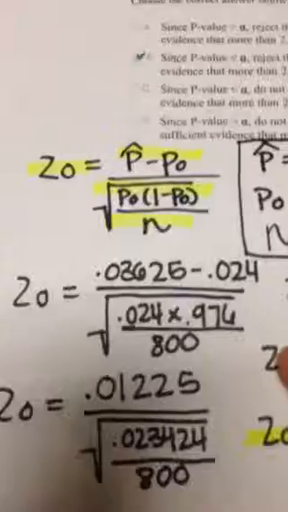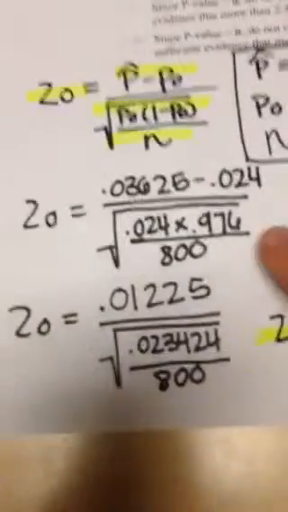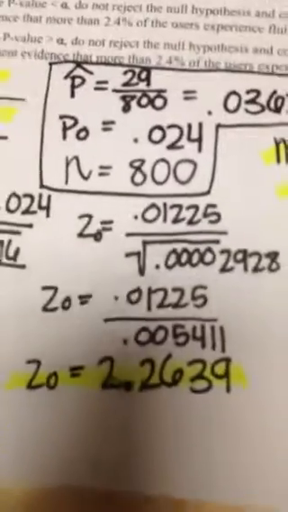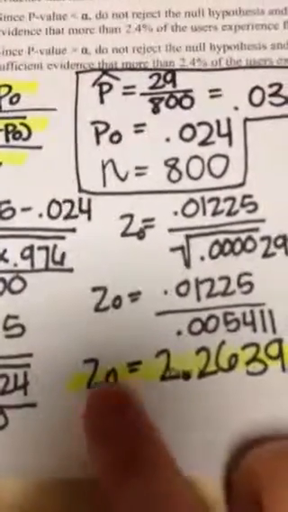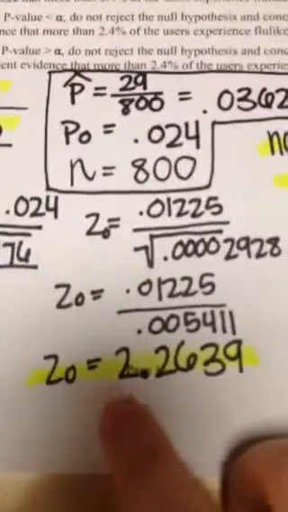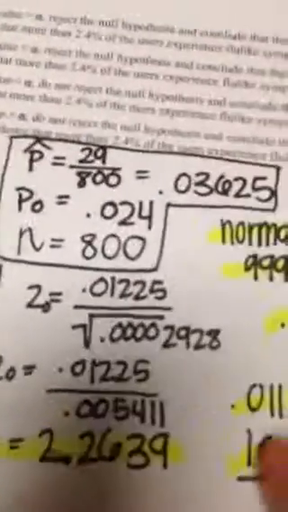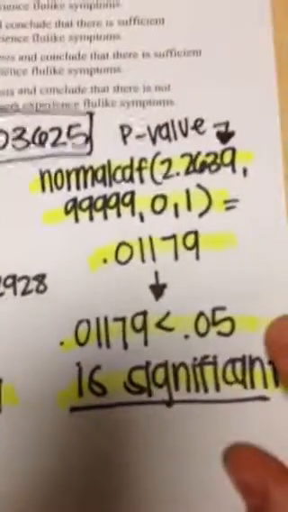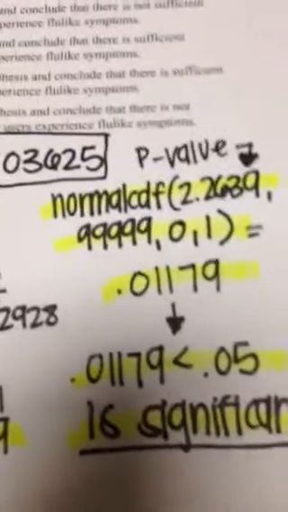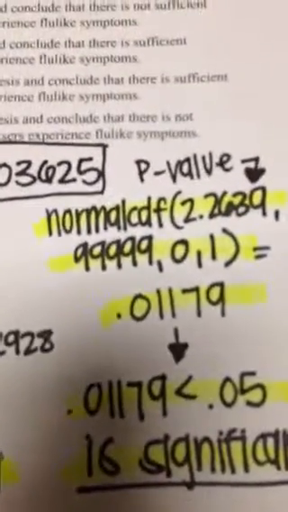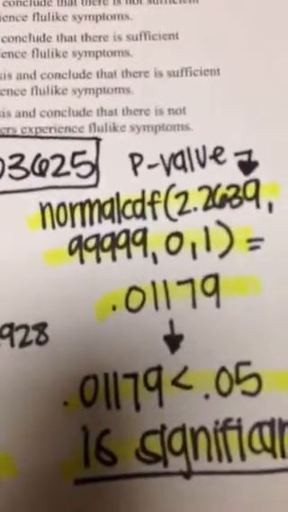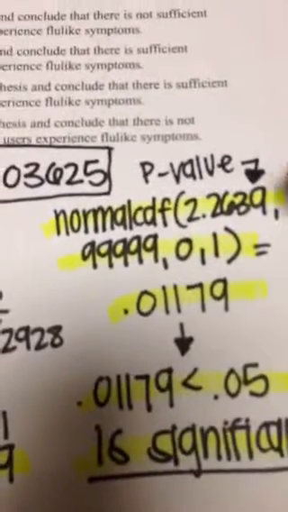And then you're going to plug that into the equation, and it breaks down until you get the answer, which is z of null hypothesis is 2.2639. So now that you have your z value, you can use that to find your p-value. Since this is percentages, you're going to be using a normal distribution.